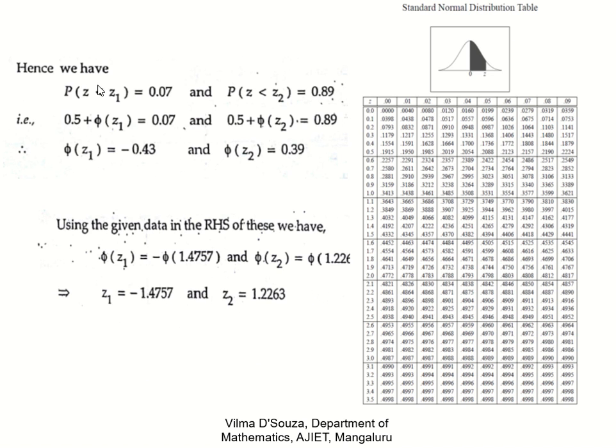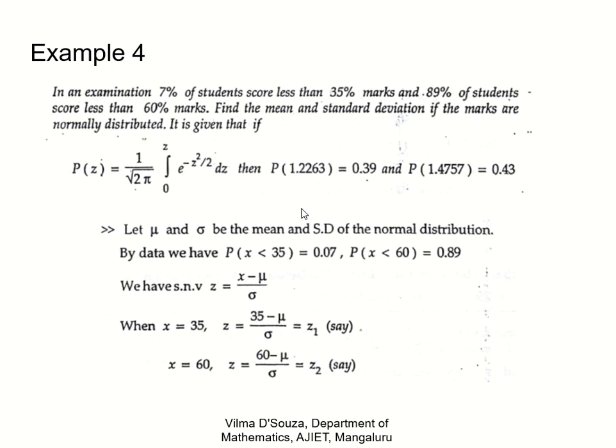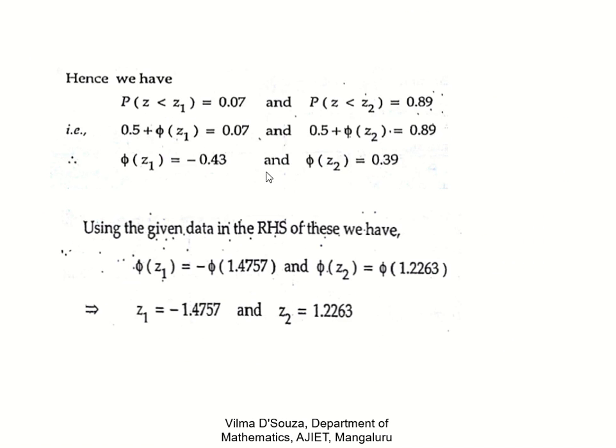So P of z greater than... P of z less than z1 is 0.07 and P of z less than z2 is 0.89. Now consider this. P of Z less than Z1 is equal to 0.07.